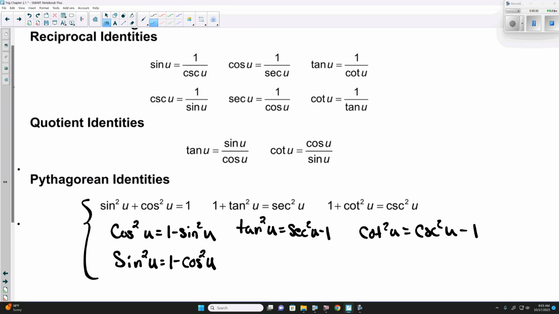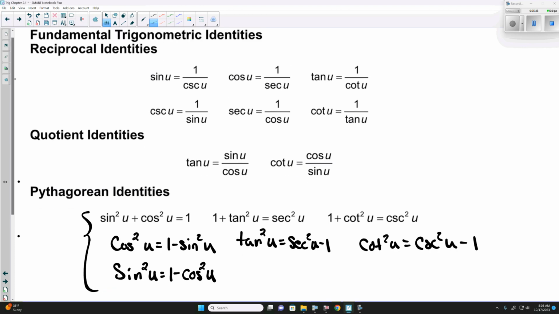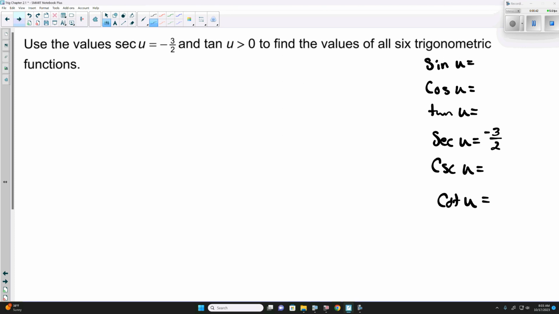Because according to our reciprocal identity, secant of u is equal to 1 over cosine of u. So it's our flip. So if secant of u is -3/2, cosine of u is -2/3. So if we're given sine, we also have cosecant. If we're given cosine, we have secant. If we're given tangent, we have cotangent, and vice versa.